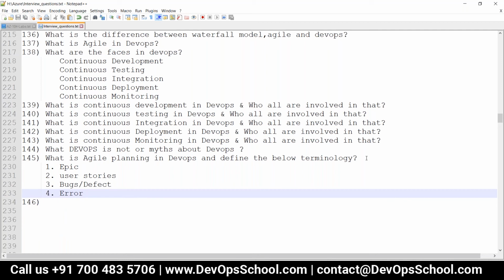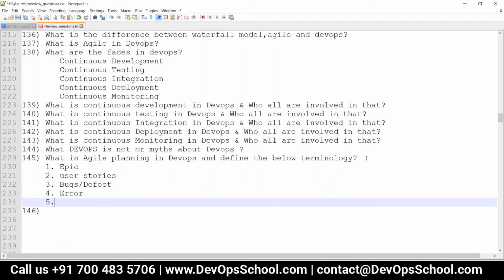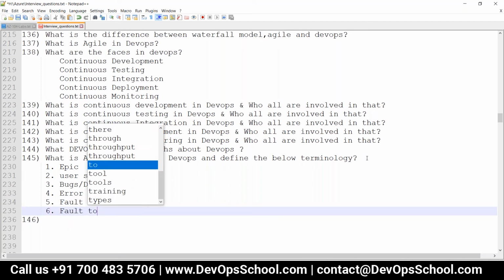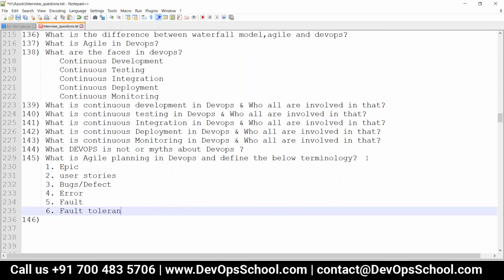Fifth one, fault. Sixth one, fault tolerance. See, we are discussing, then we are able to use all this terminology, right?